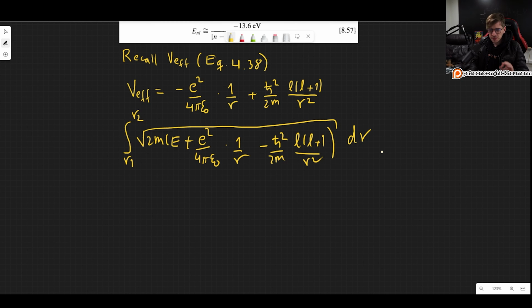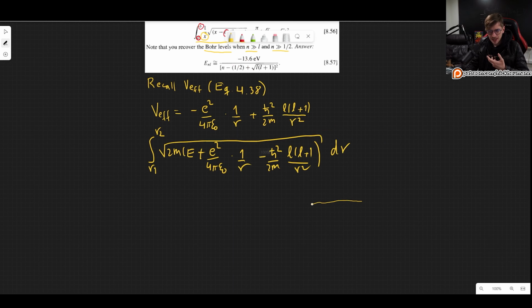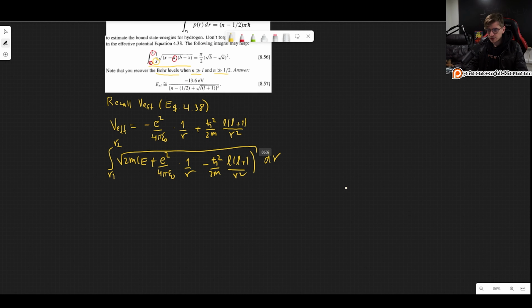Let's also be very clear as to what our turning points are. Our turning points, of course, are defined as the points where you evaluate the potential and you get the same value as the energy. So basically, the energy is the same as the potential, evaluated, of course, at R1 or R2. Since there are two cases, let's do this first just in general.